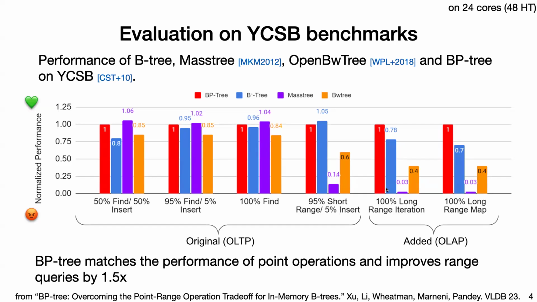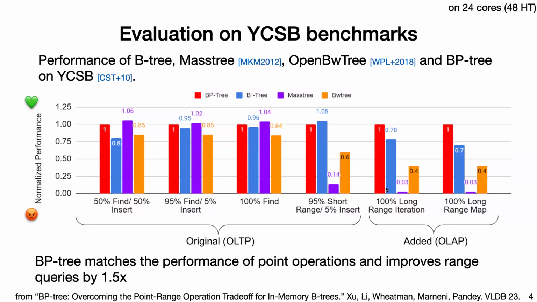In some sense it's the closest comparison, because other things can change, like the compiler or parallelization method or concurrency scheme, but between red and blue the only thing that is different is the node size, which is what we're playing with in BP tree. Other stuff like the locking scheme is the same. And purple is mass tree, which is a traditional indexing structure.